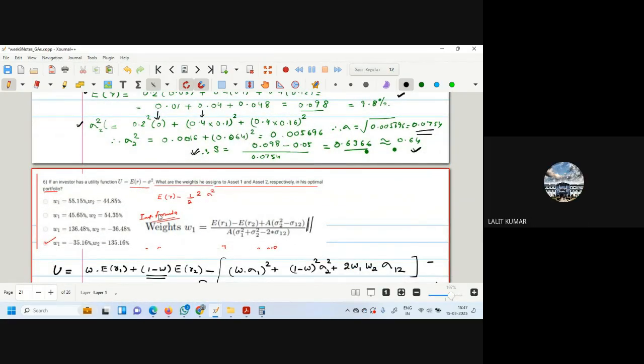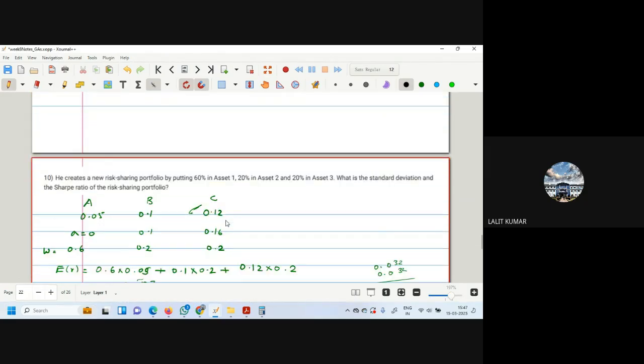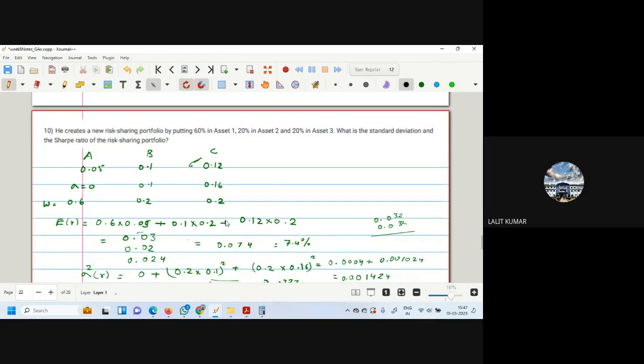Okay. So now we had solved this. Now he creates a new risk sharing portfolio by putting 60% in asset 1, 20% in asset 2, and 20% in asset 3. So what is the standard deviation and the Sharpe ratio?